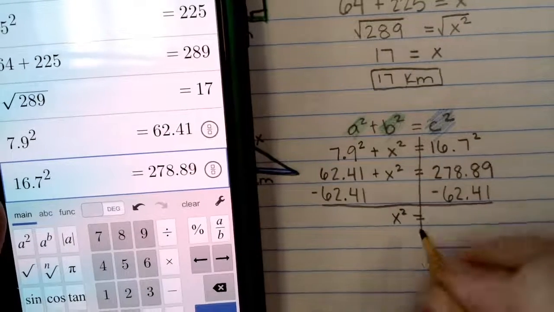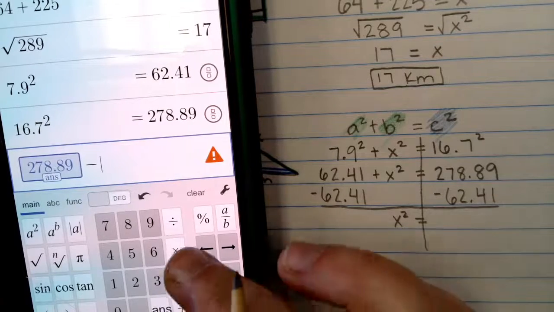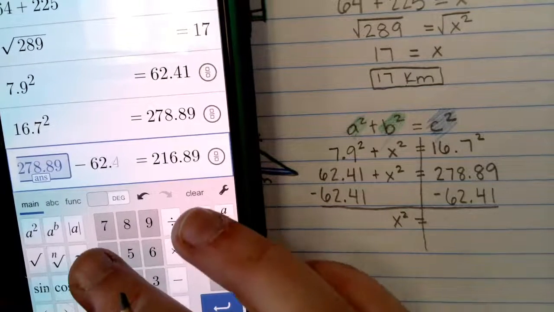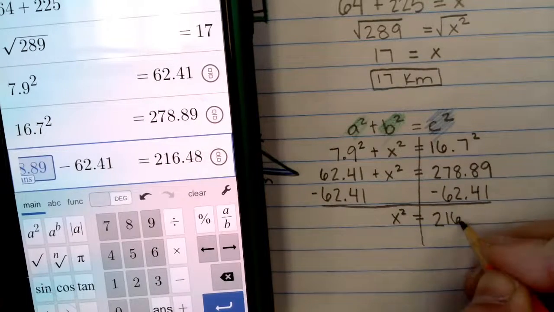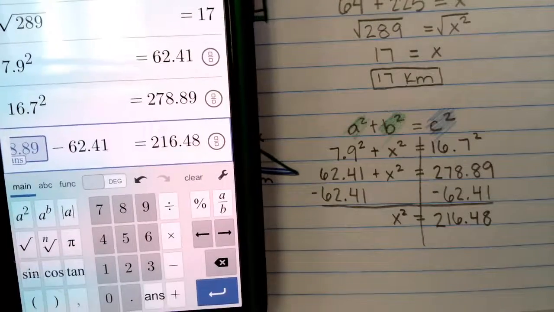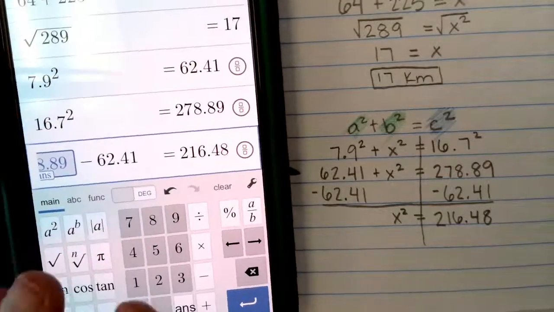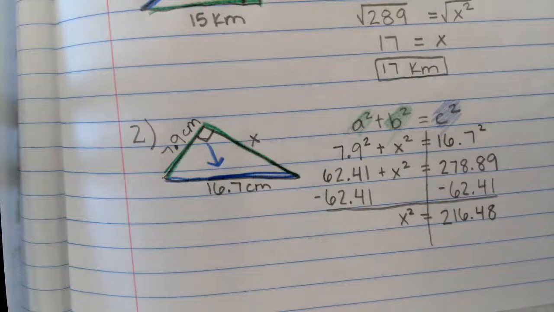So 2 after the decimal point. So do we want this to be a 71, or should we round up to 72? 71. Good. Is that the length of our hypotenuse? No, because what's the length of the hypotenuse? 16.7. This is just one of our legs. I'm going to throw in cm afterwards so that I know it's centimeters, but otherwise that is it.